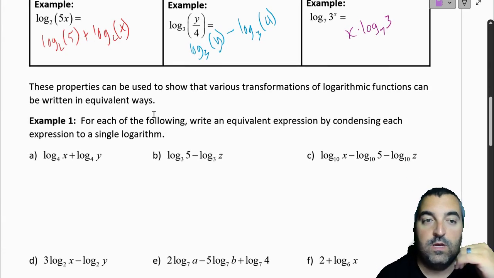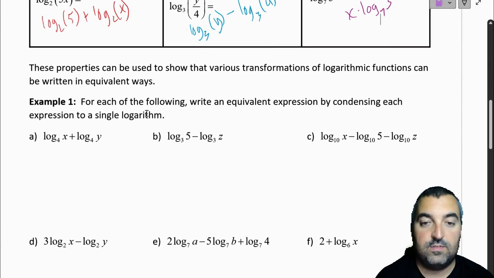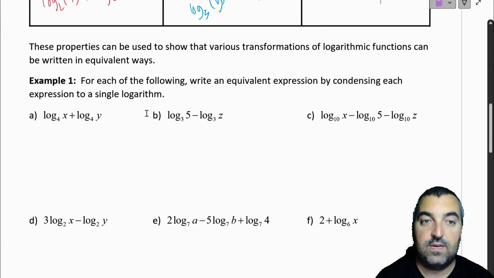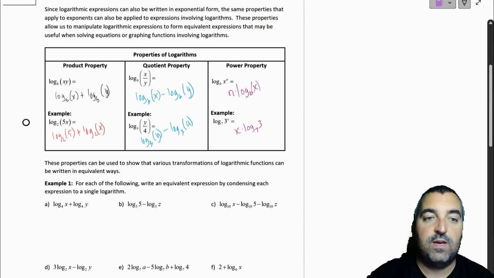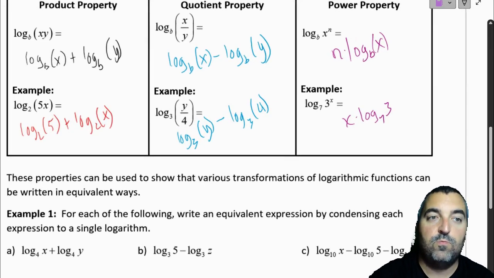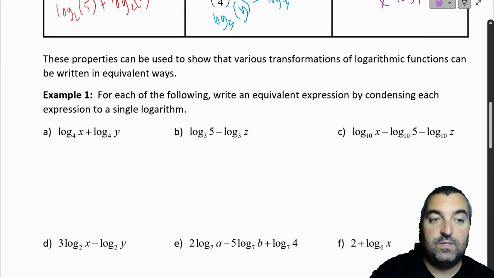All right. So we're going to see this where we have to use different properties to condense logs, and sometimes we have to expand logs, but in this first example, we're just going to condense. We're going to use the properties kind of backwards from what we did up here. So we have the addition, same base.